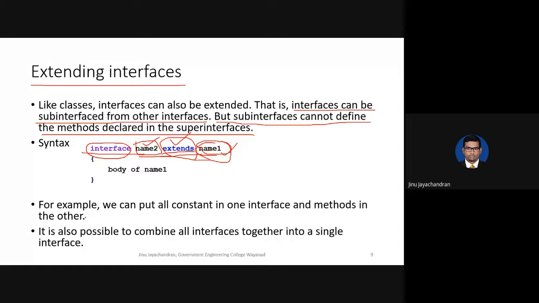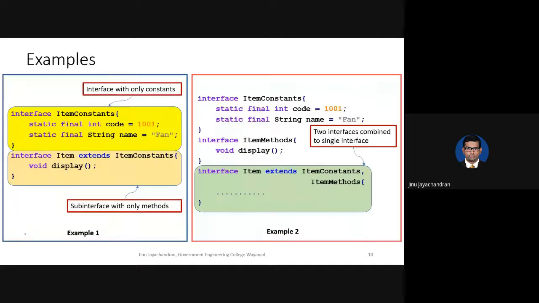For example, we can put all constants in one interface and methods in another. It is also possible to combine all interfaces together into a single interface. We'll see the examples. Let's look at this example. In the first box, you see there are two interfaces. One is called item constant and the other is called item. In item constant, you see there is only variable declaration, that is code and name.